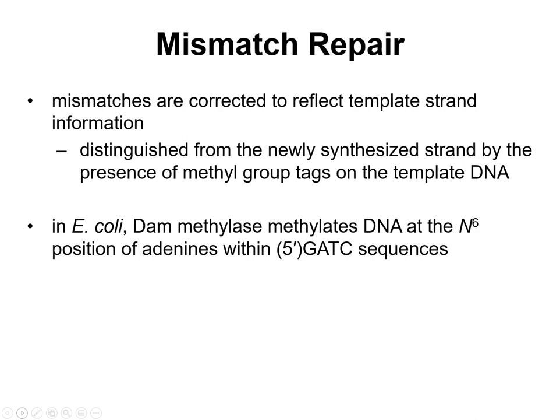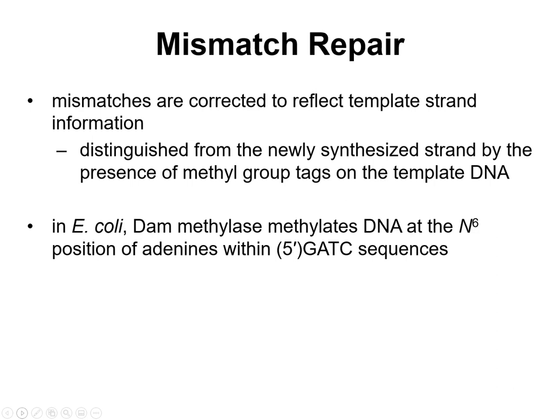We've got mismatch repair. And that is when you have a mismatch in your DNA where there's two bases that shouldn't be paired together. They're corrected to reflect the template strand information. So remember how we talked about methylation and how there's hemimethylated DNA when we've newly formed a new DNA.